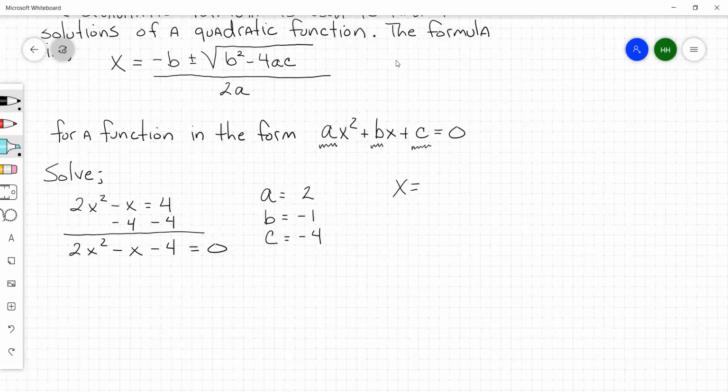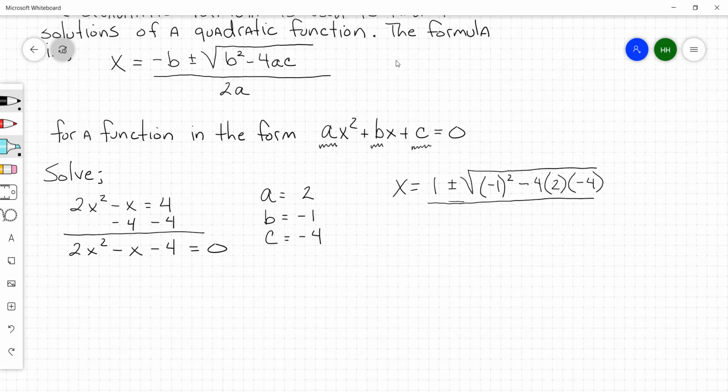All right, b is -1, so this is 1 plus or minus the square root. Now we got b squared, so we've got -1 squared minus 4 times a, which is 2, times c, which is -4. All of that is going to get divided by 2 times 2.